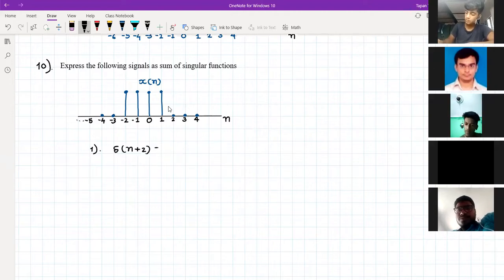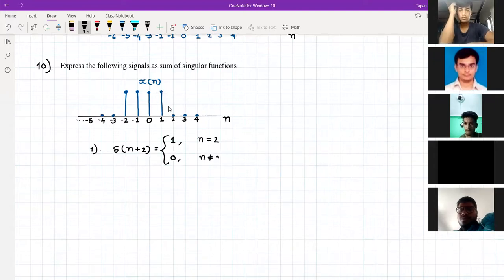Delta of n plus 2 is given by 1 for n is equal to -2, and it is 0 when n is not equal to -2. So then you get this.